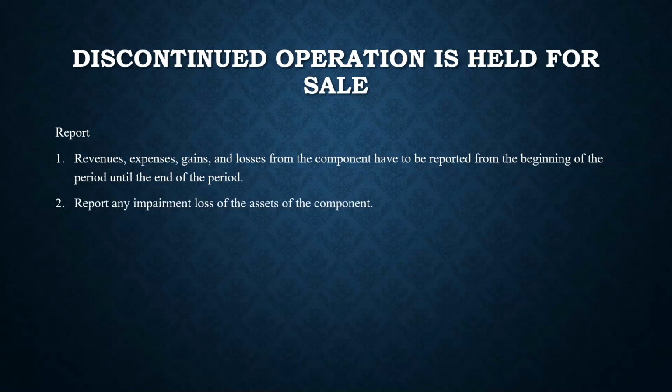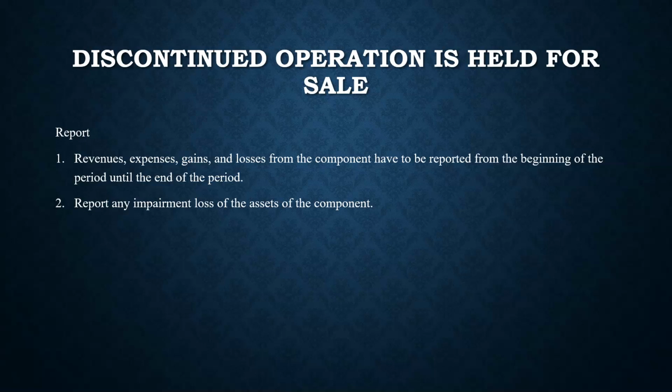They're also supposed to report any impairment losses of the assets of the component. To figure out the impairment loss, they're going to compare the fair value of the assets. So basically, fair value is how much they can get if they decide to sell the assets. That's the fair value of the assets minus any cost to sell.